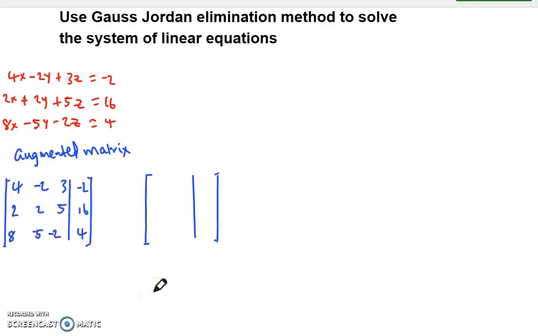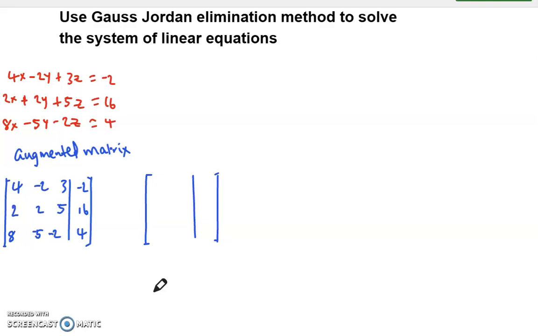So having written this as an augmented matrix, Gauss Jordan elimination is a bit different from Gauss elimination, because in Gauss elimination we are interested in making the second and third rows with their corresponding columns zeros, but we have more operations to do in Gauss Jordan elimination, and to enable us to do this we might need to interchange rows, or revise the equations.